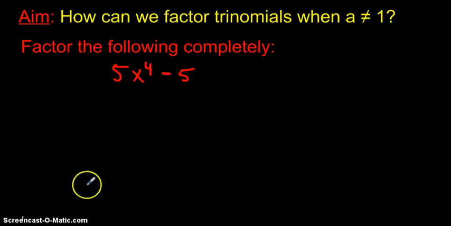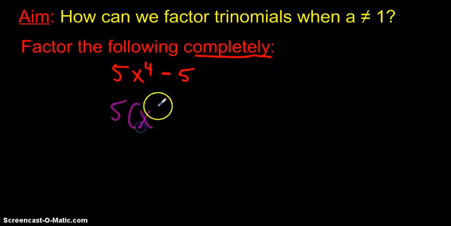Let's look at another example. We were asked to factor this completely. So we always start off by thinking, what is the GCF, if there is a GCF? In this case, both of these terms are divisible by 5. So we can factor out a 5, and that'll leave us with x to the fourth minus 1. Now, x to the fourth minus 1 looks like something we can factor.